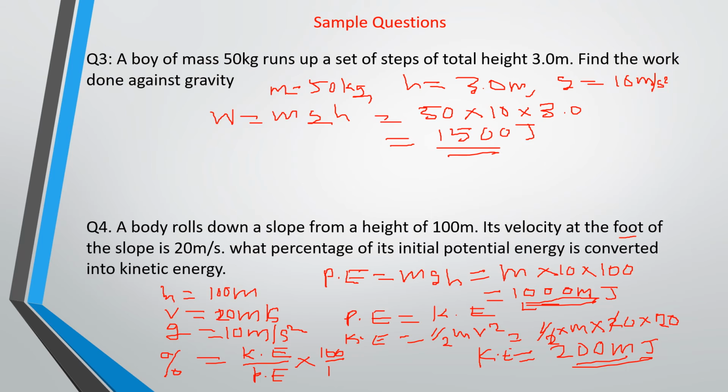So if you substitute into this equation, you are going to have 200 divided by 1000 joule. You know that the m will cancel out, right? The m was not given, so that will cancel out in this instance. So your final answer will be equal to 20%.